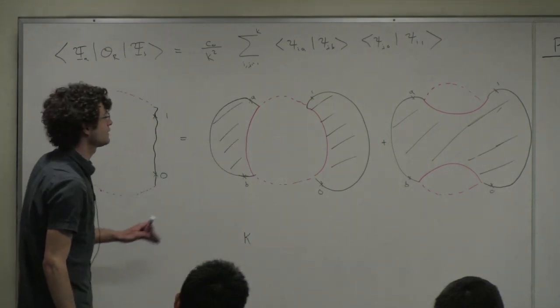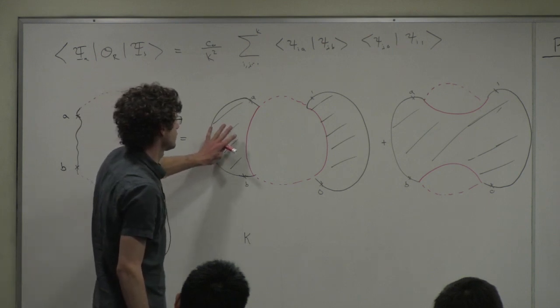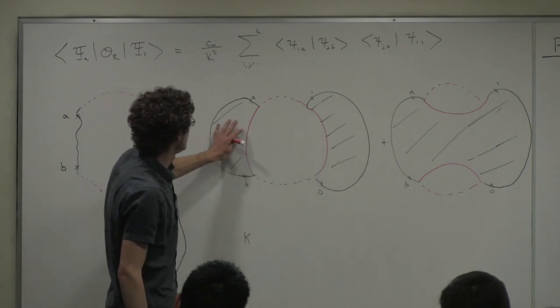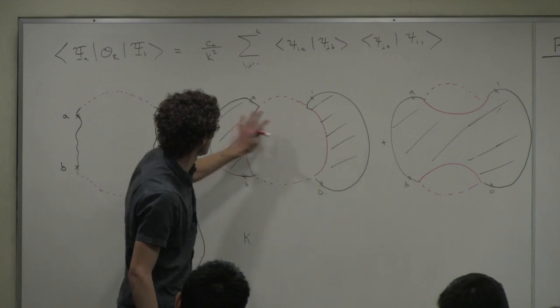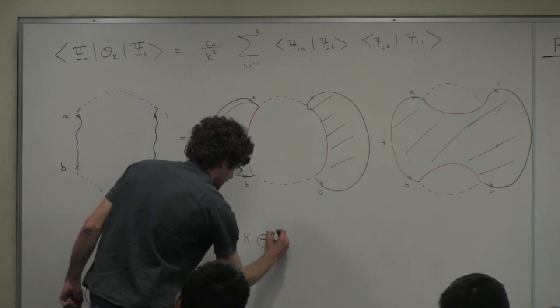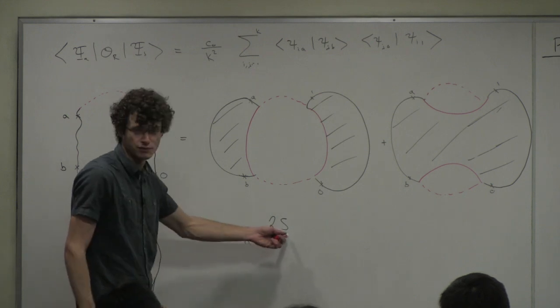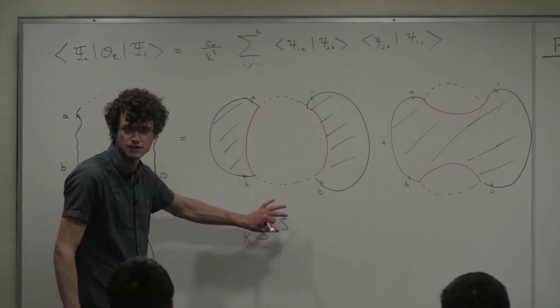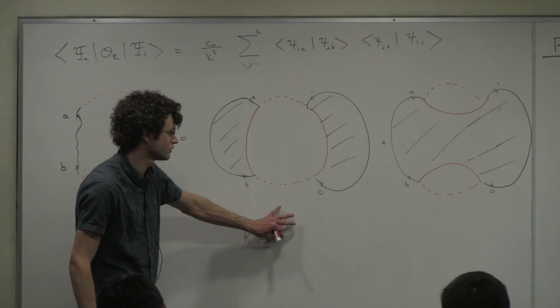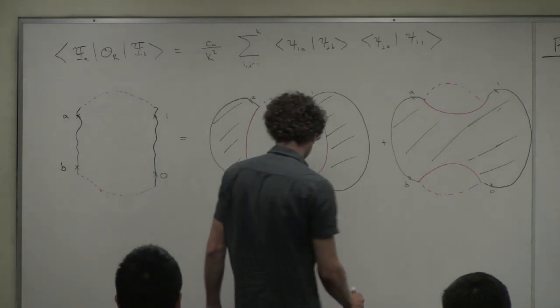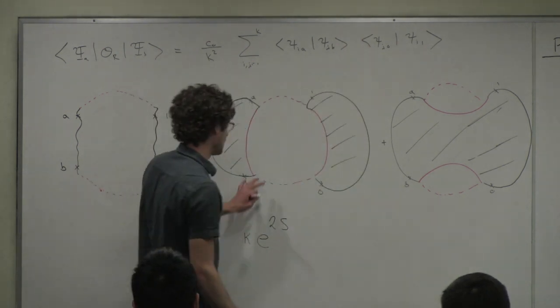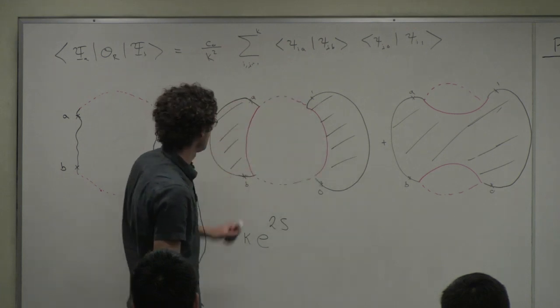The gravitational path integral, I'm just going to write sort of a cartoon for the answer. Since we have 2 of these Euclidean black hole geometries, we get something that I'll write as e to the 2s, where s is roughly the entropy of the black hole. This is not exactly precise, but good enough for our current discussion. And then we'll have some field theory computation to do here.